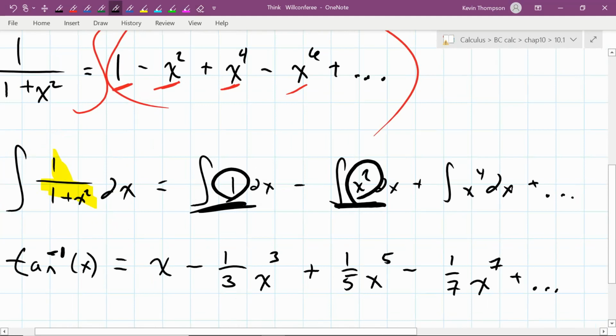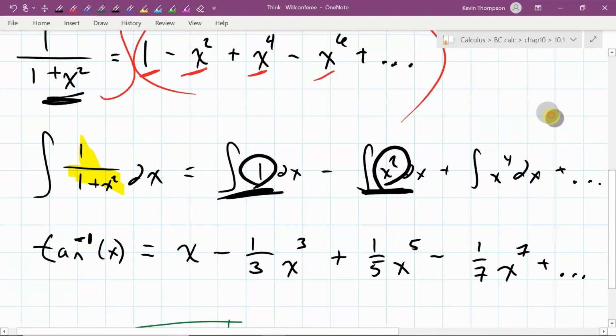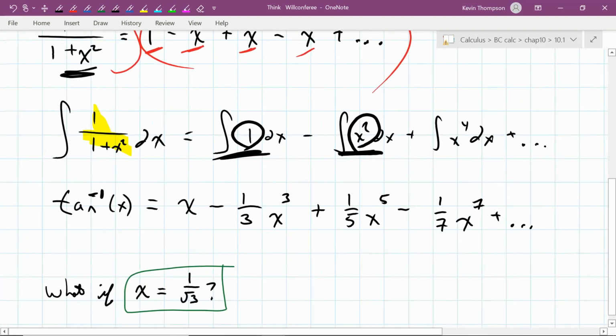Now, this also is going to have the same interval of convergence, which shouldn't surprise us because this one had an interval of convergence from -1 to 1, so why would integrating produce a different interval of convergence? It won't. All right, so what if x is 1 over the square root of 3?